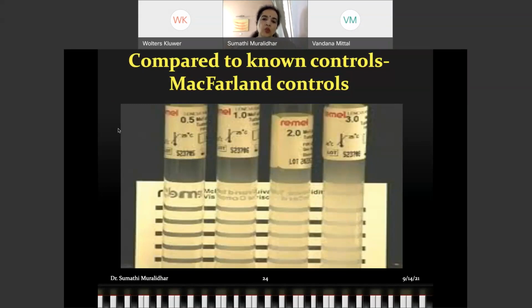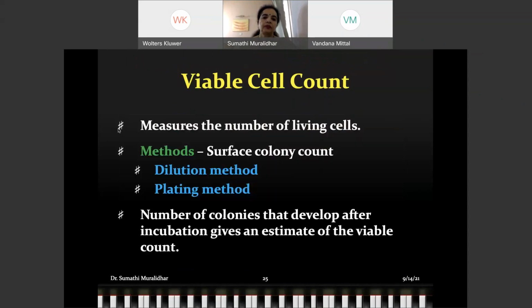Usually it is 1 to 10, tube number 1, 2, 3, 4, it goes like that, with increasing turbidity. So if your bacterial culture turbidity compares with, say, number 0.5 or 1 or 2, then according to that, the count is given by reading of the turbidity of the McFarland tube. So these are the control tubes that we use.